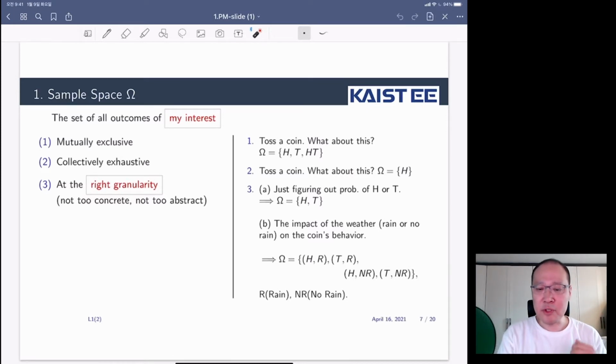So for example, the sample space should be head and rain, tail and rain, head and no rain, or tail and no rain. By specifying all this relevant information in the sample space, now we're good to go and investigate the relation between the weather and the coin's behavior. So my point is that the sample space depends on what my interest is.